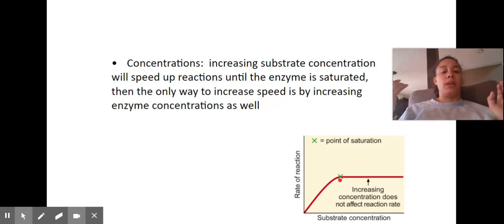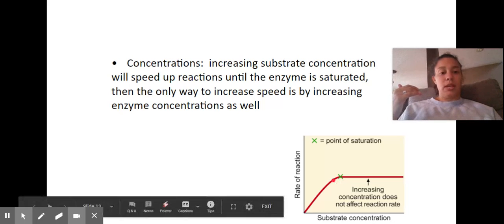So when substrates equal enzymes, we reach this point here, called the point of saturation, or when all the enzymes are occupied, right? Then we can see that it'll plateau or level off, and we'll have this even reaction rate from there on out.